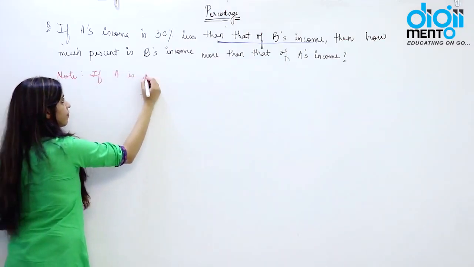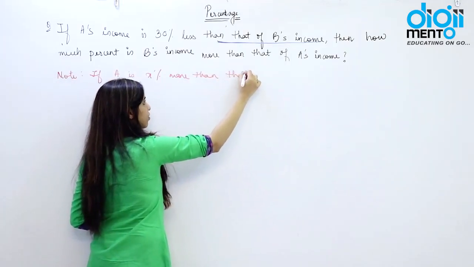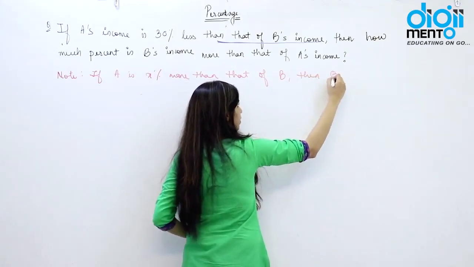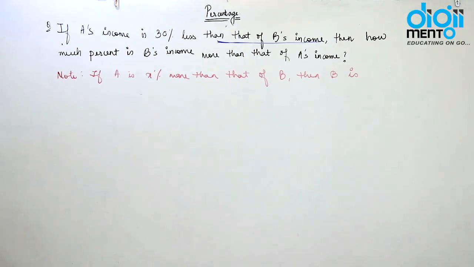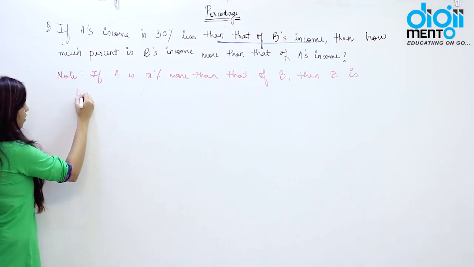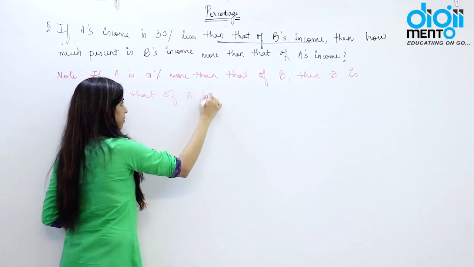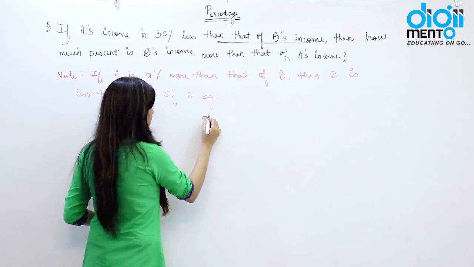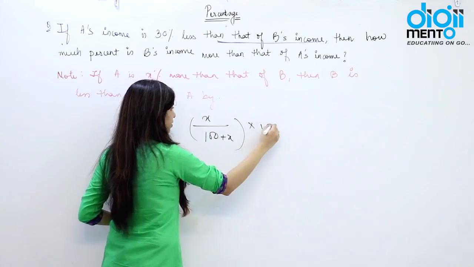If A is X% more than that of B, then B is less than that of A by X upon 100 plus X into 100%.